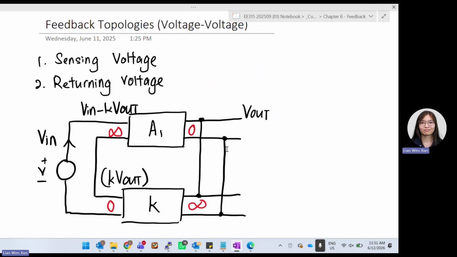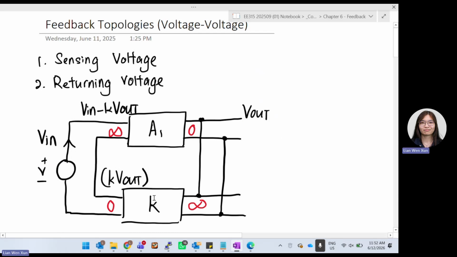What happens is, how do we make sure it is actually sensing voltage? Means my K wants to read voltage. What do we do if my K wants to read voltage? It needs to be in parallel with my gain block. So this is a multimeter now. K is a voltmeter now. So K in parallel means first hand connects to first hand, bottom hand connects to bottom hand. So it looks exactly like this.